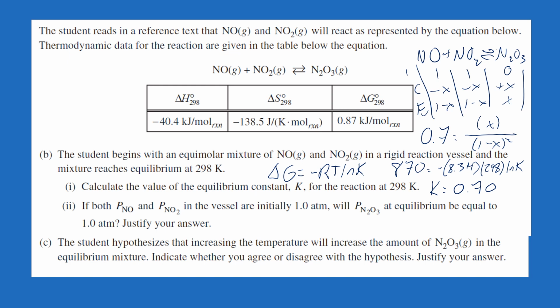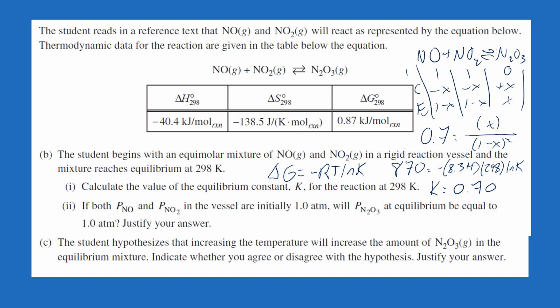So you would say, no, the pressure of the N2O3 is not equal to 1, because the value of K is 0.7, and we need to make sure that there are still products and reactants in that ratio present. So there's no way it could be exactly 1. And you can use the ICE chart to help in your explanation if you choose.